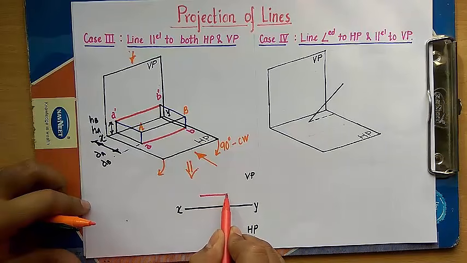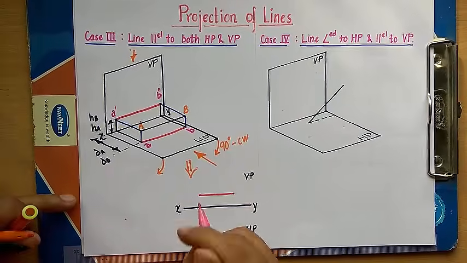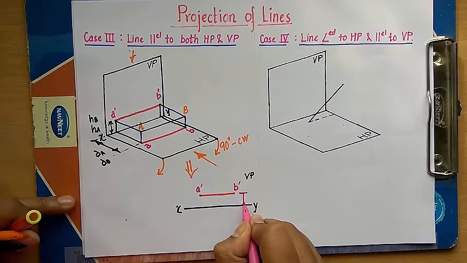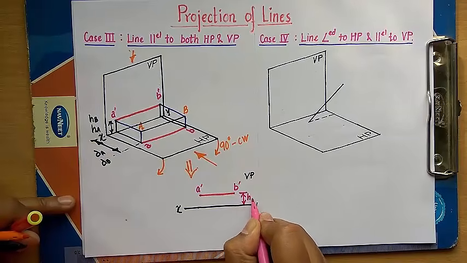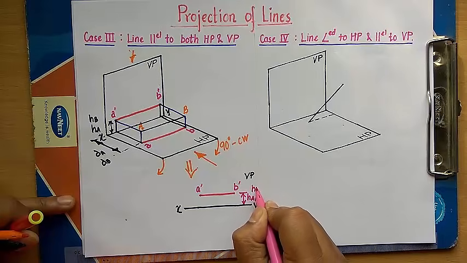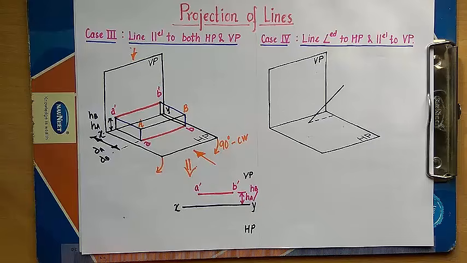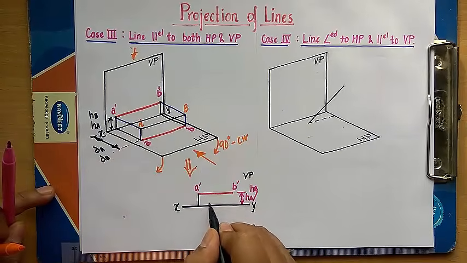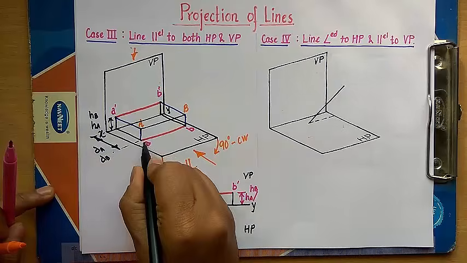So I'm starting this with the front view. Here I have this A dash and B dash, and this distance is what you call H. You can also say this is HA, or you can also write this down as HB. Now let us bring these points downwards, this way, let us go further down in this direction.